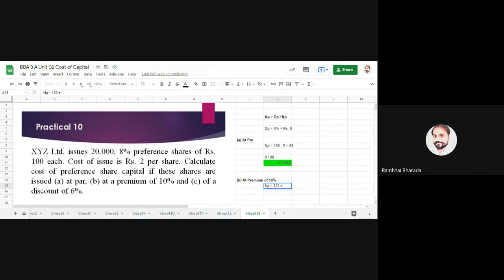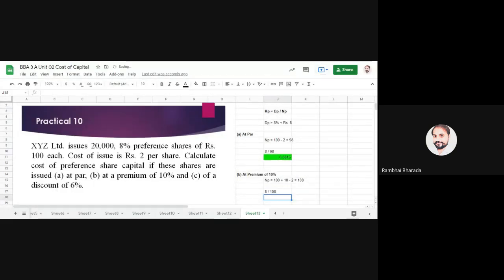Premium is 10%, 10% of 100, 10, minus issue expenses 2. The final answer will be 108. Now put these values in the formula. DP divided by NP, here DP remains same, 8 divided by 108, and final answer will be 0.0740.